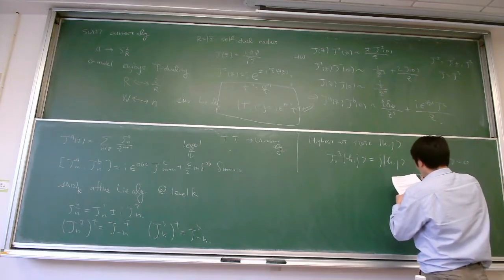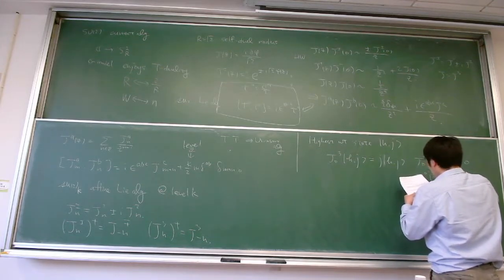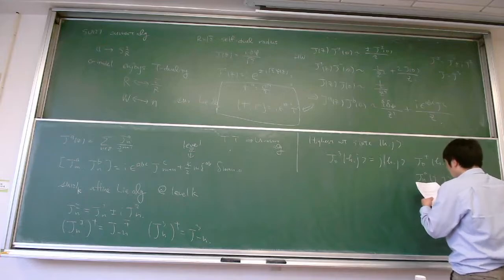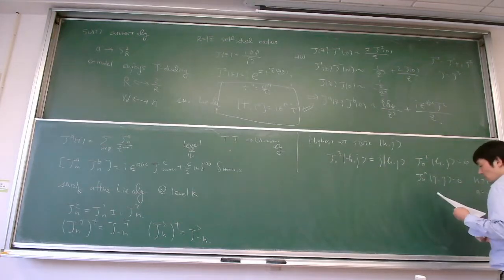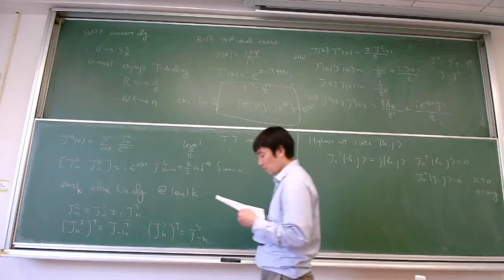Of course J_n^a acts on h_j as 0, where n is greater than 0 and a is anything. So this is the highest weight state.